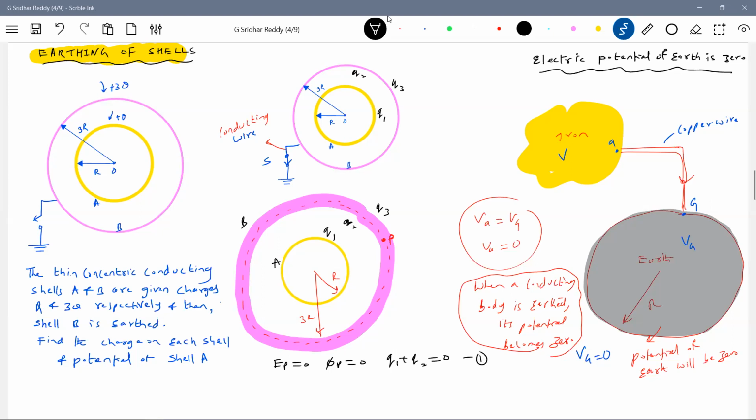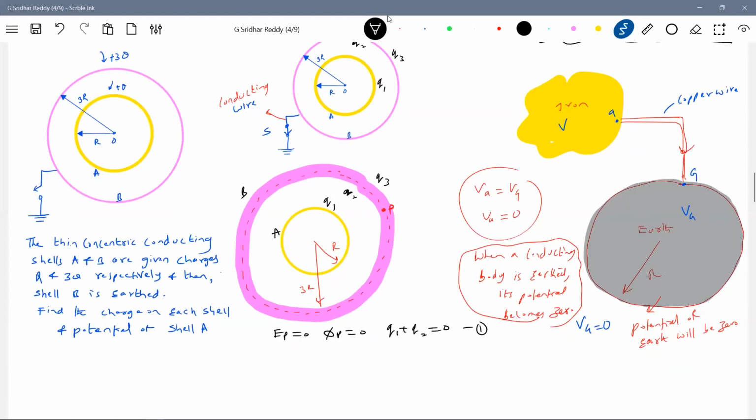Everywhere you can use this, not only in this problem. For a shell which is not earthed, the charge of the shell should be conserved. We'll apply the conservation of charge principle. Which shell is not earthed? Shell B is not earthed, so the charge of shell B should be conserved.